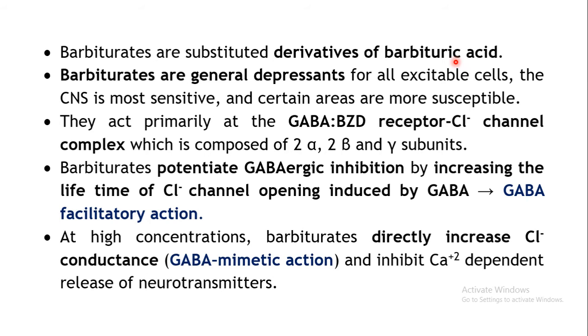Specifically, they had sedative-hypnotic properties, that is, they could calm down the patient. A hypnotic is a drug which can induce sleep in an individual. Such drugs were widely used when they were discovered.